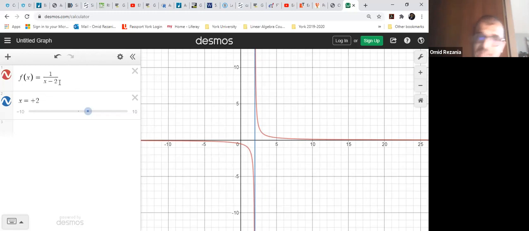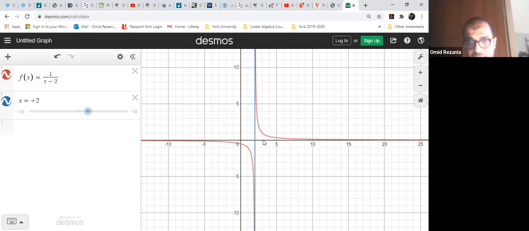If I put x minus 2 equal to 0, I get x equal to 2. This blue line shows the vertical asymptotic behavior of this function. We call it vertical because the line is vertical to the x-axis. It makes an angle of 90 degrees to the x-axis.